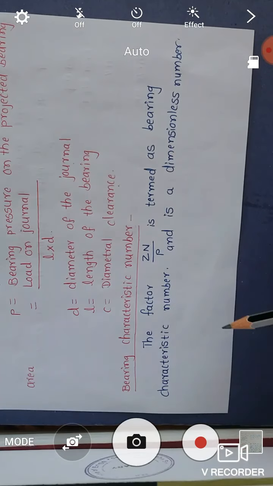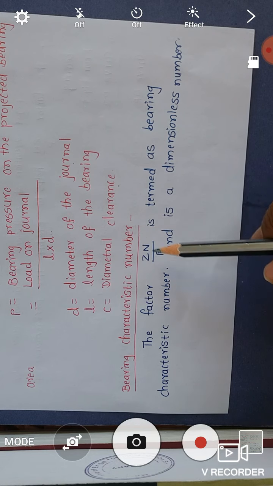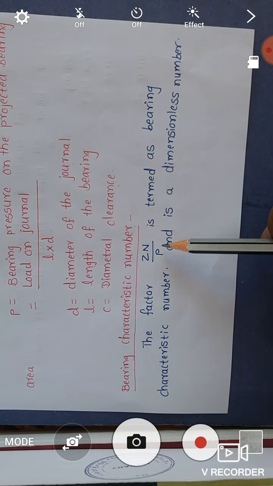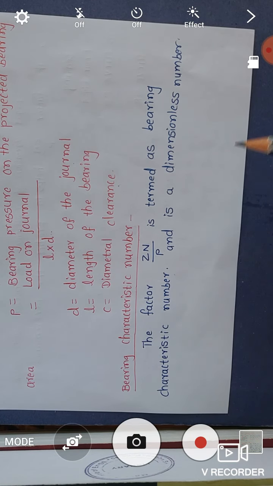Now we see the important term, that is bearing characteristic number. The factor Z into N divided by P is termed the bearing characteristic number, and this is a dimensionless number.